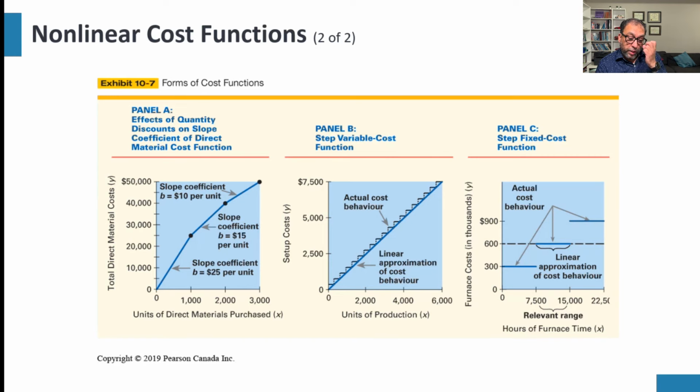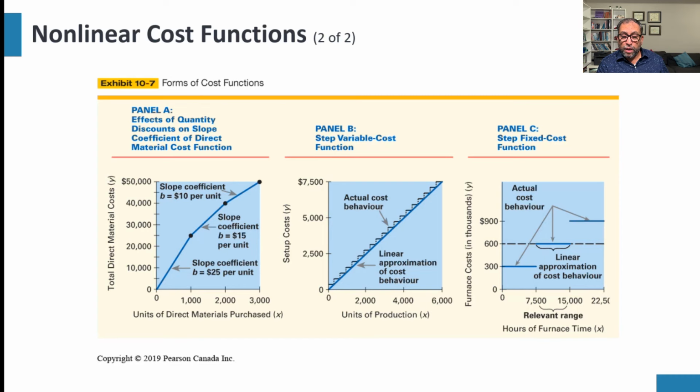In the beginning we assume a linear function, and we describe the cost, the dependent variable, as equal to a constant or fixed cost plus the slope of the curve times the cost driver, the independent variable. That slope is our variable cost. This is the way we describe it. And then we discussed four different methods to figure out this type of relationship between the cost and the drivers.